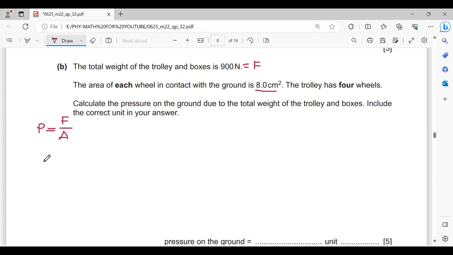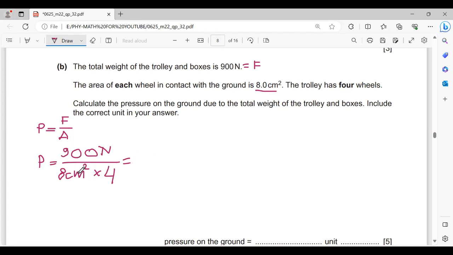So pressure equals 900 newtons over 8 times 4 centimeters squared, because 4 wheels.